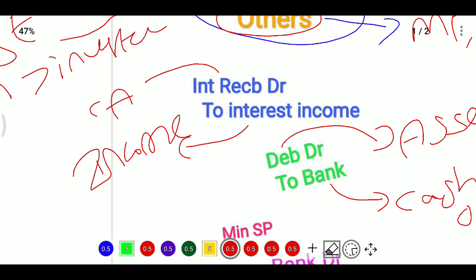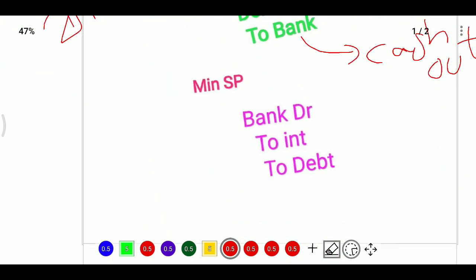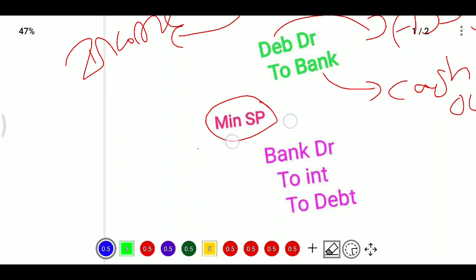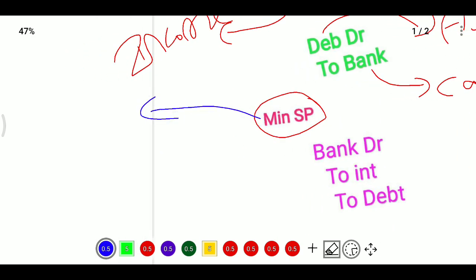When you are selling those debentures, what will the entries be? First of all, the principal amount plus interest accrued is the minimum selling price. If you are selling at that minimum selling price, you are receiving the amount.